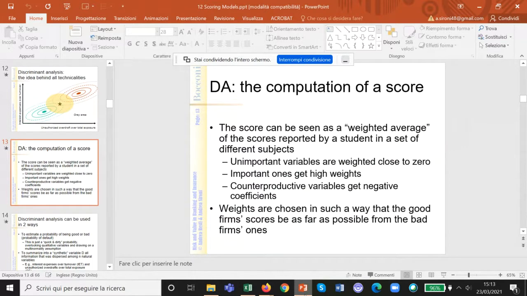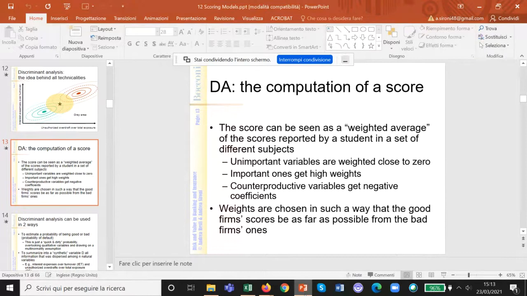But how can we actually compute the scoring model, and how can we understand what weights we would assign to the different variables that we want to use?